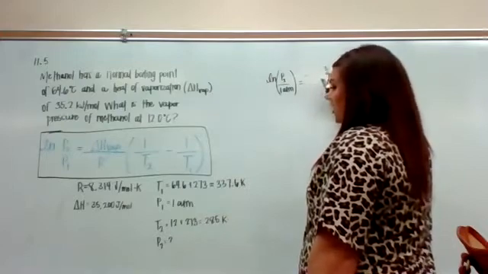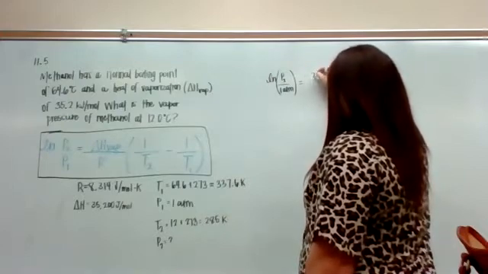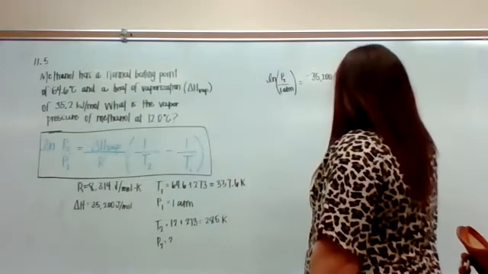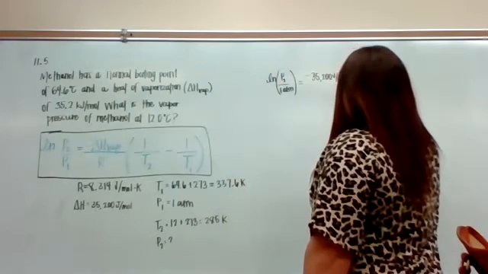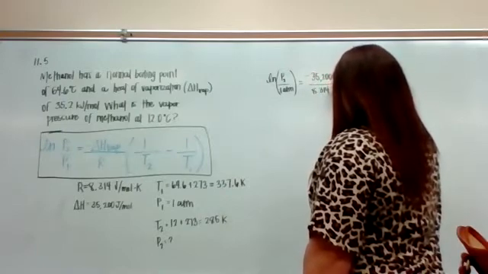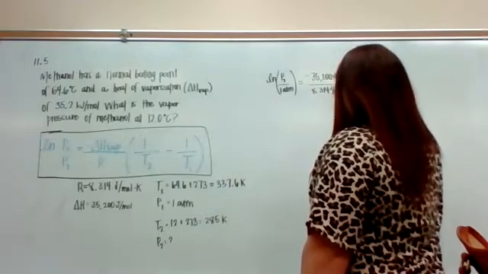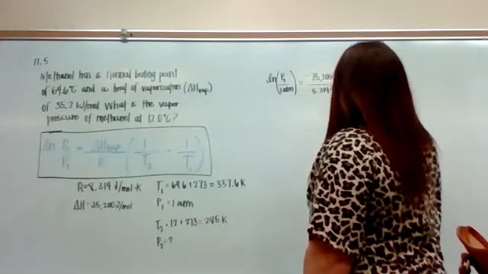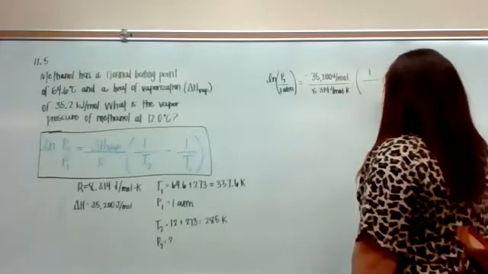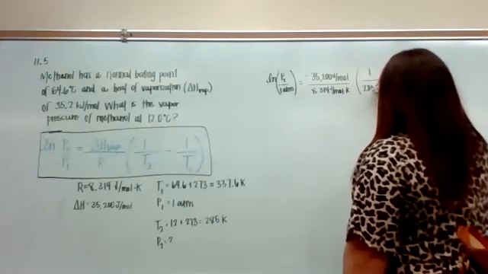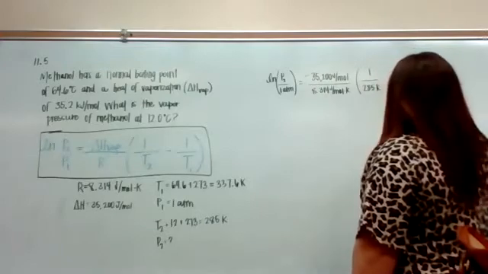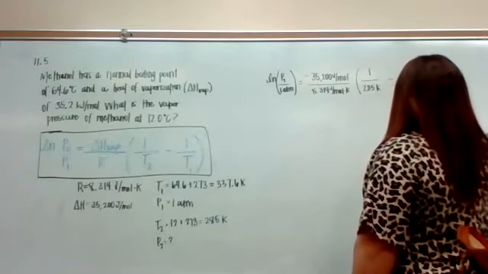Then negative is part of the equation, so negative 35,200 joule per mole over 8.314 joule per mole Kelvin. And 1 over T2, which is 285, minus 1 over T1, 337.6.